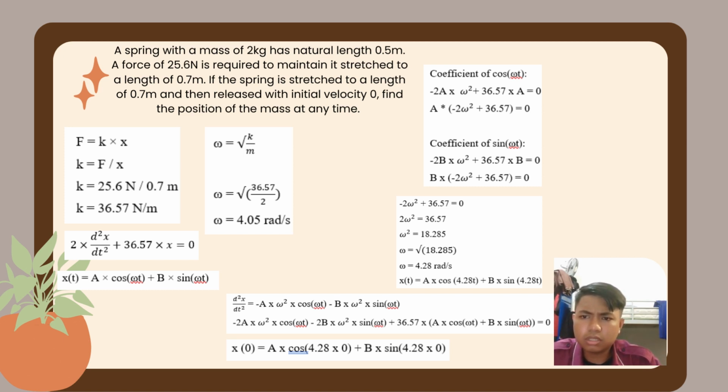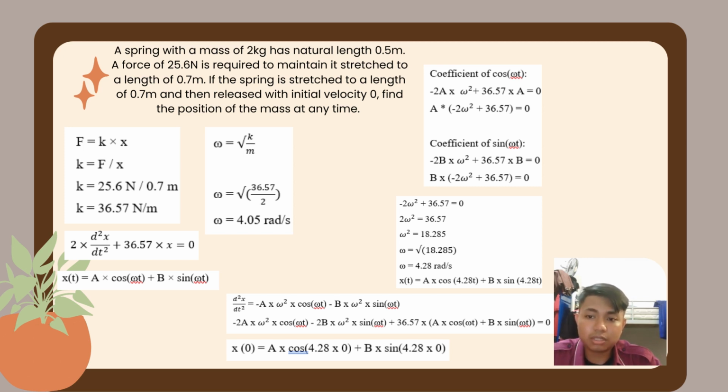And then we insert the value into the formula, which is d2x over dt2 equal to negative a times omega squared times cos omega t minus b times omega squared times sin omega t, and then we differentiate it.